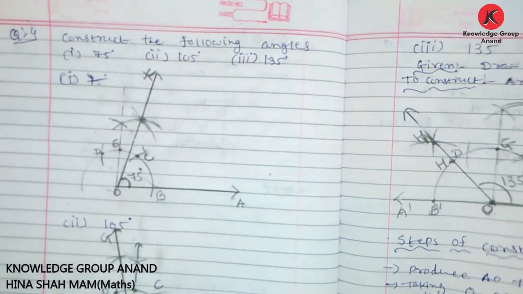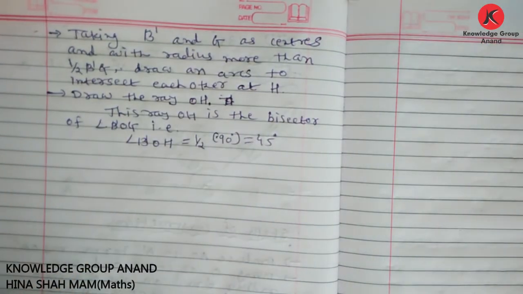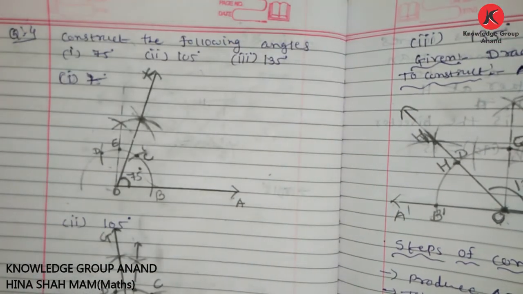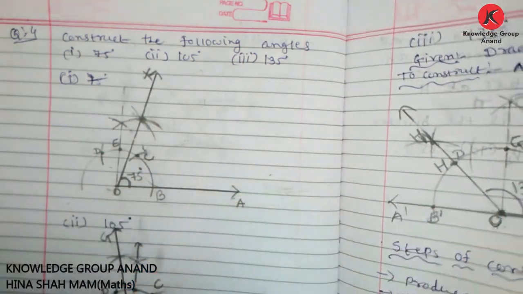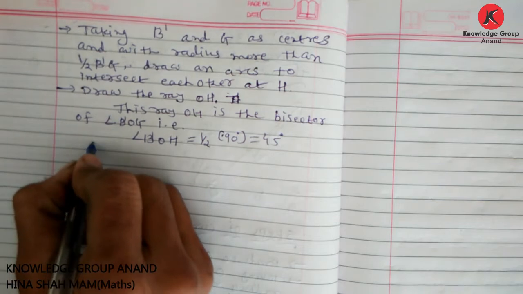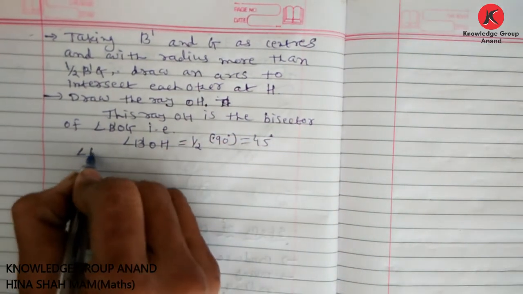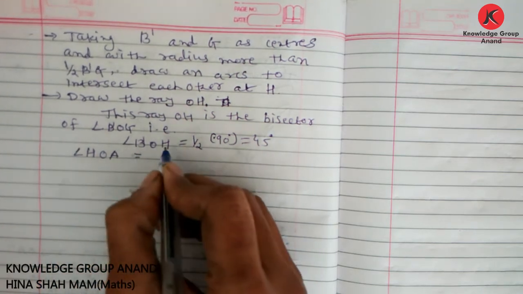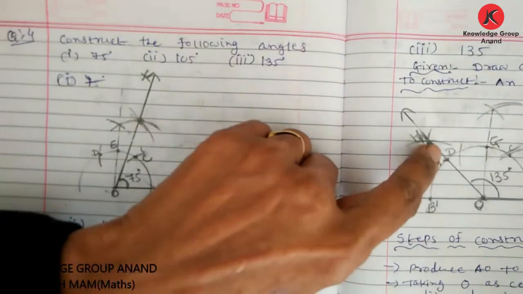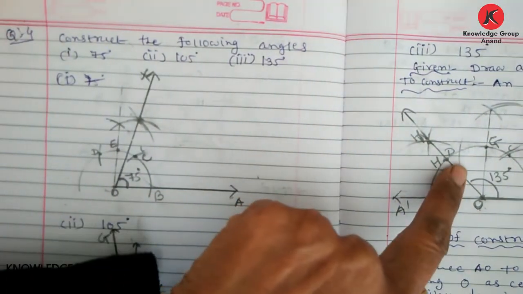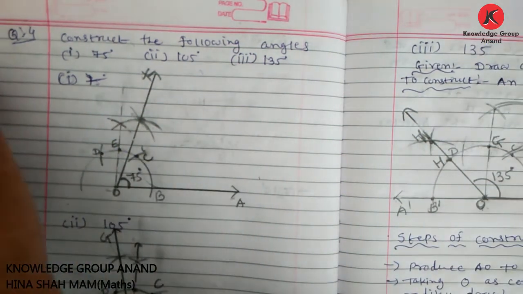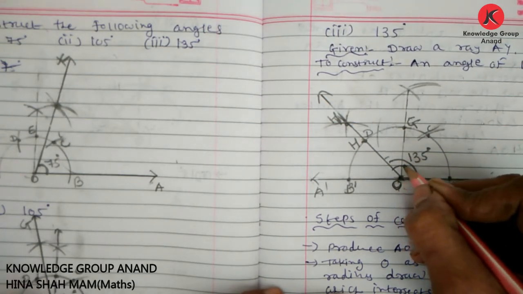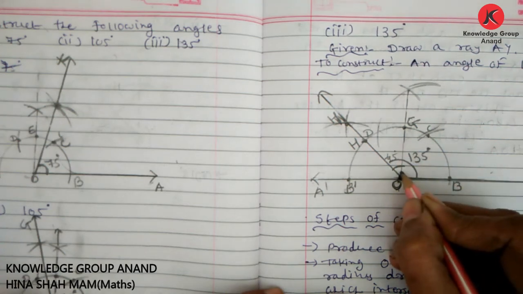Then this angle is 45, and 90 plus 45: angle HOA is equal to this angle 45, and this angle is also 45, and it is 90.